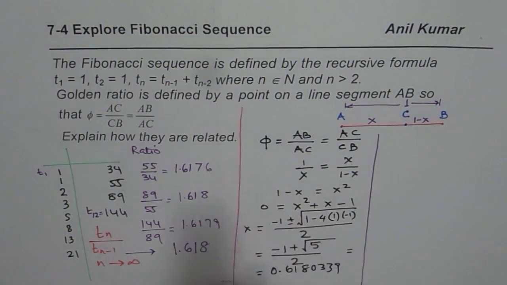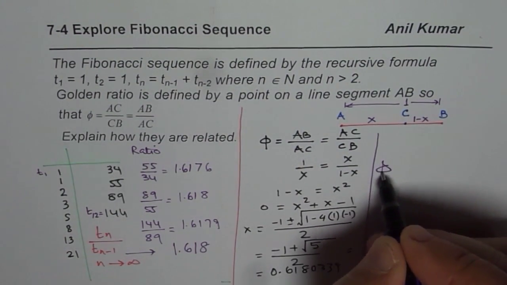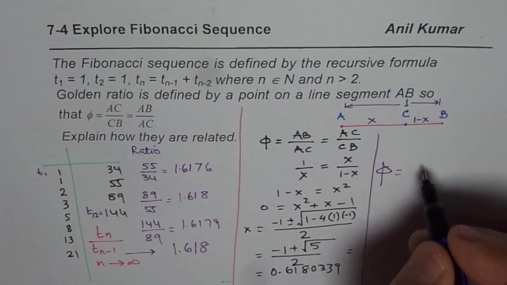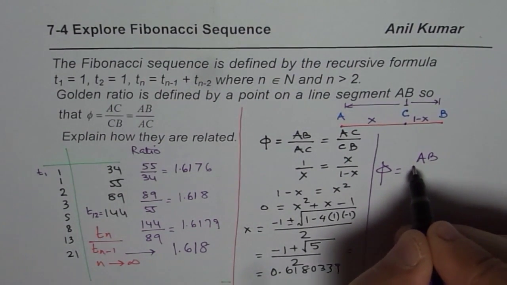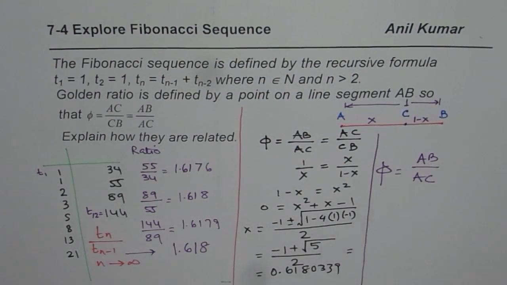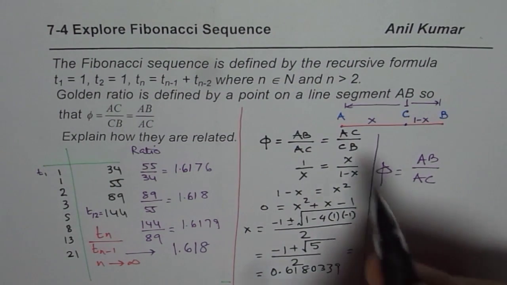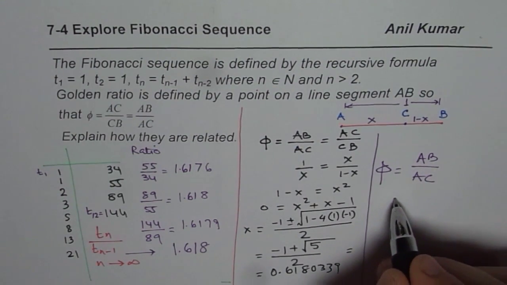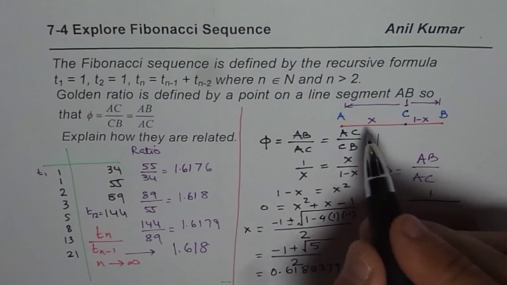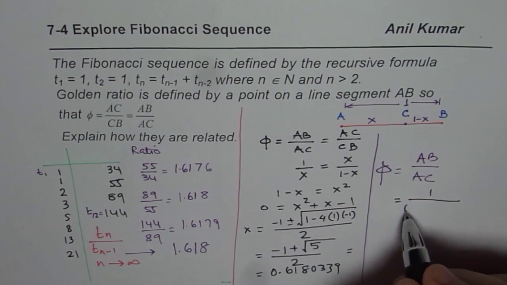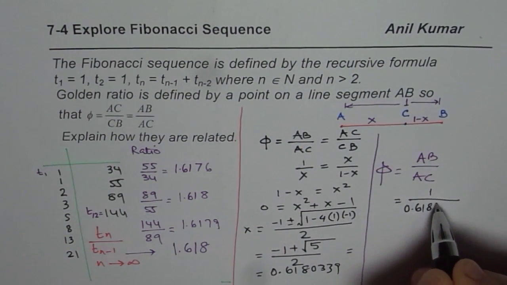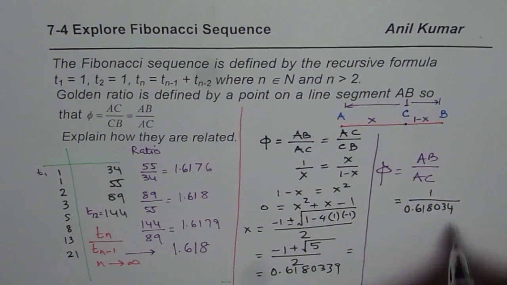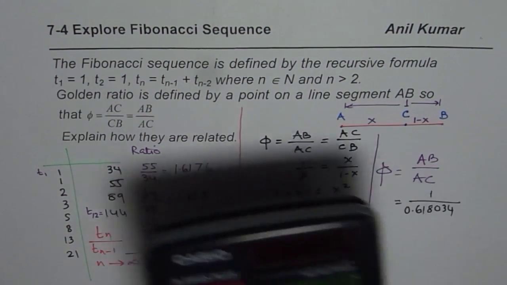What is this ratio? The golden ratio phi is AB over AC, right? Now, in our case, AB is 1 whole, and AC is x. So x is 0.61803, let's say 4. Anyway, let's use this calculator.